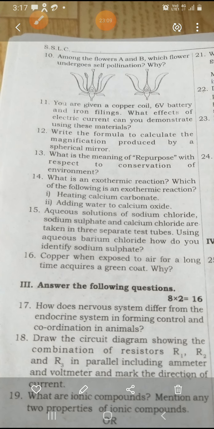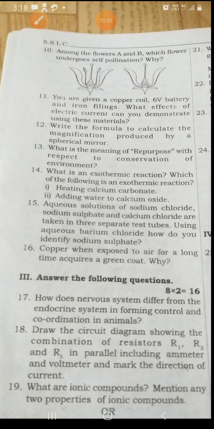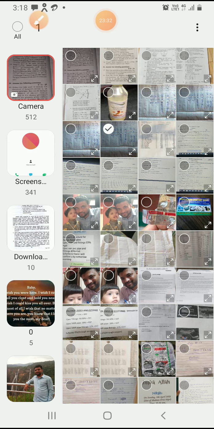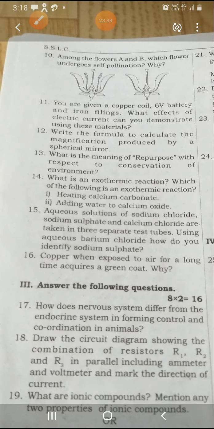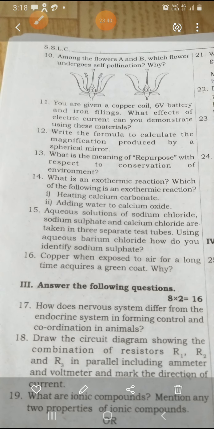Usually ionic compounds are solids. First property, they are solids. Second property, they are electric conductors in a molten or solution state, meaning usually in liquid form.